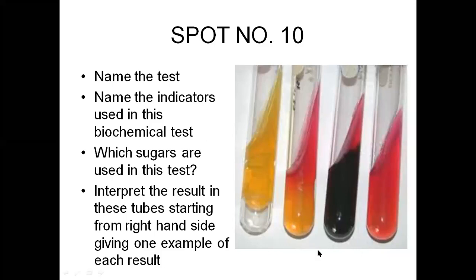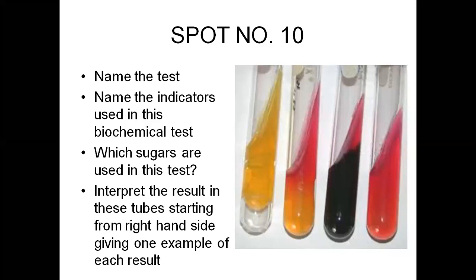Okay, the next is that if one or two sugars are fermented, and that one means that glucose is always fermented first. In case of two sugars, the next sugar is going to be lactose. So if one or two sugars are fermented, or even if only one sugar is fermented, first of all there is going to be an acidic environment because of the fermentation of a sugar.